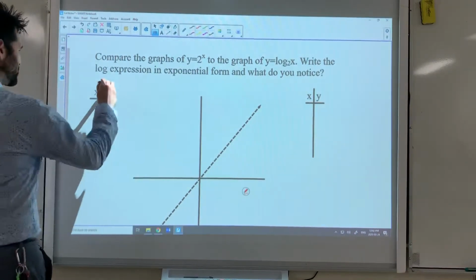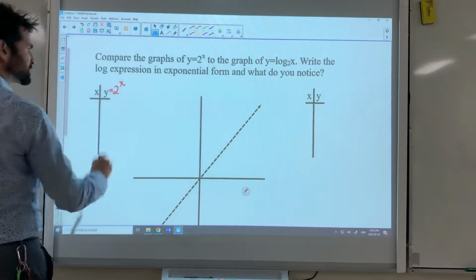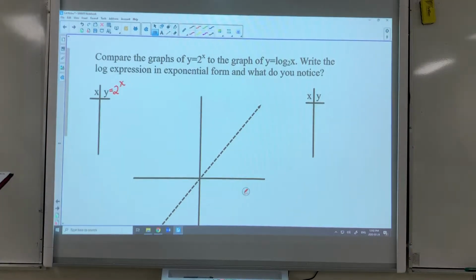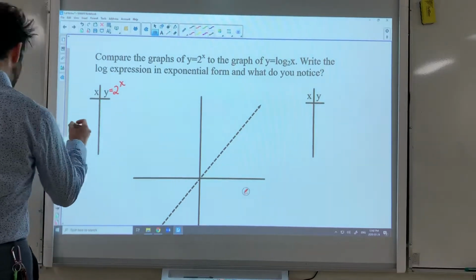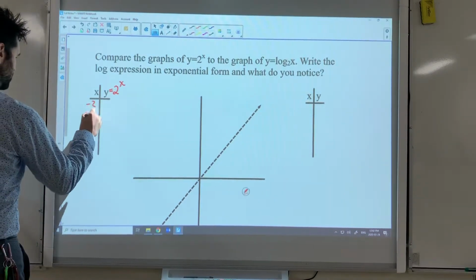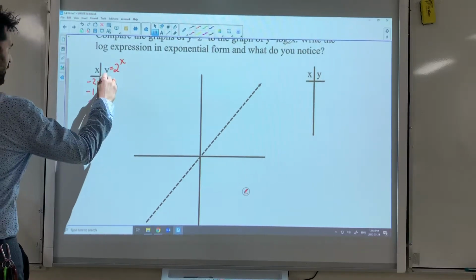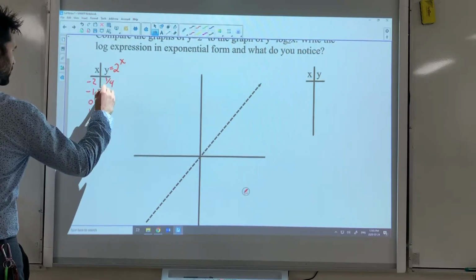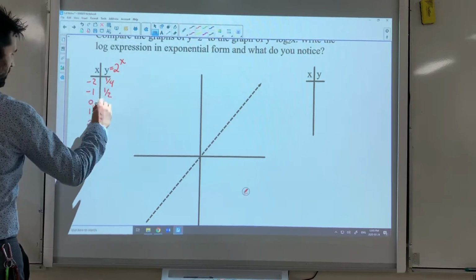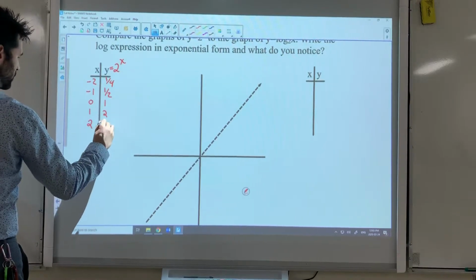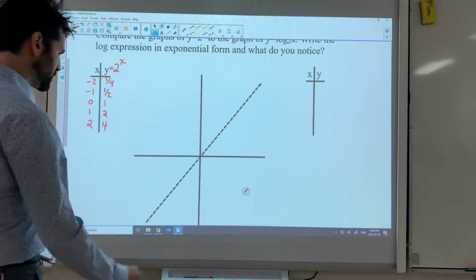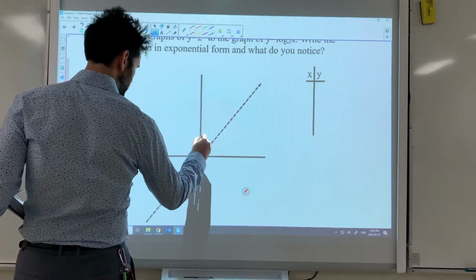So let's do y equals 2 to the x first. Let's just pick a couple easy points, like maybe -2, -1, 0, 1, and 2. So here we know we're going to get a quarter, a half, 1, 2, 4. And you should know that general shape, so the y-intercept is here.